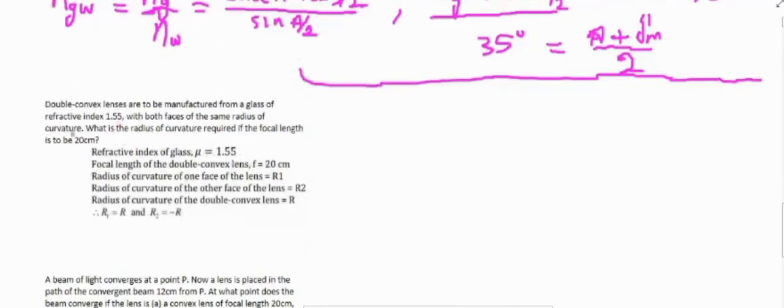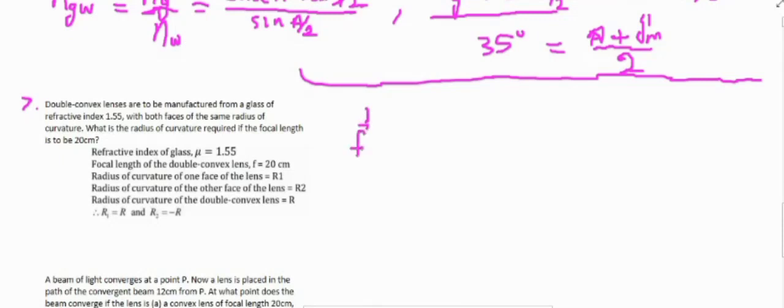Okay, then next, question 7. Double convex lenses are to be manufactured from glass of refractive index 1.5, with both the faces of the same radius of curvature. It's a direct application only. You are asked to calculate the radius of curvature.